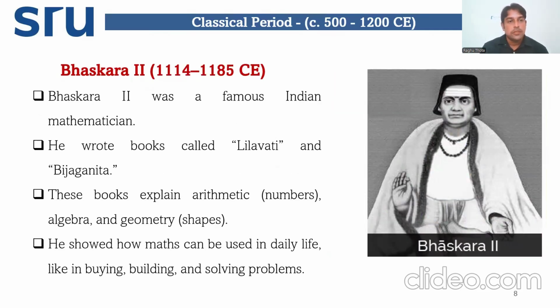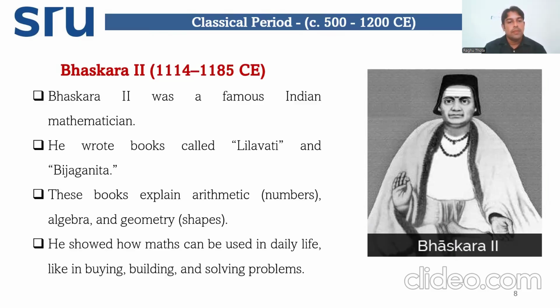What are the contributions of Bhaskara 2, who belongs to 1114 to 1185 CE? Bhaskara 2 was a famous Indian mathematician who wrote the famous books called Leelavati and Bijaganita. These books explain arithmetical problems or numbers, algebra and geometry.